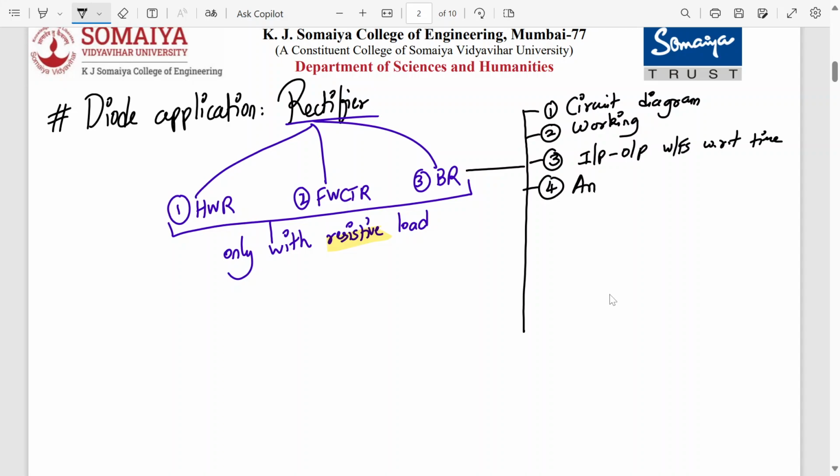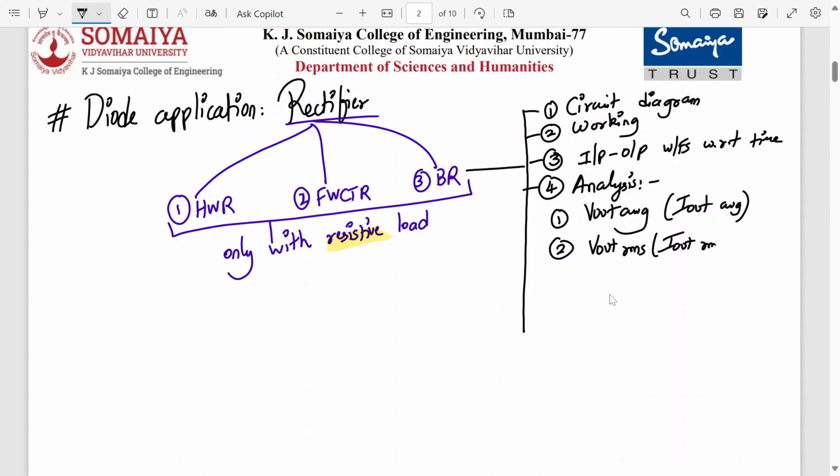Next, you have to do the analysis. Under analysis, you have various things. First, we have to find out V out average or I out average from the output waveforms. Then you have to find out V out RMS value or I out RMS value. This is the analysis part.